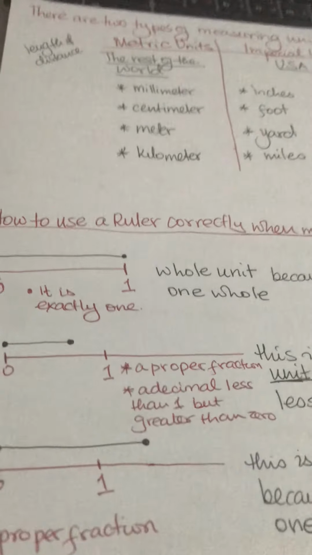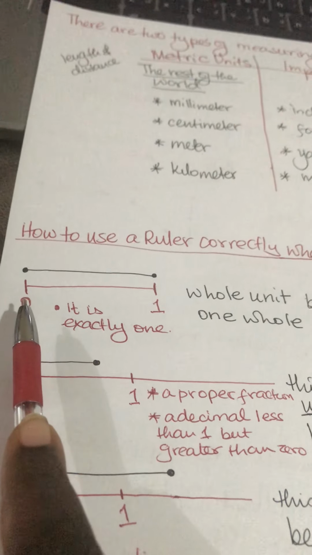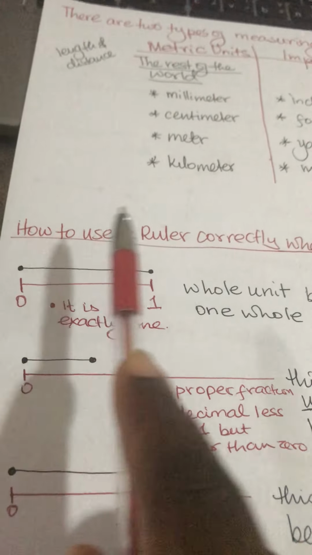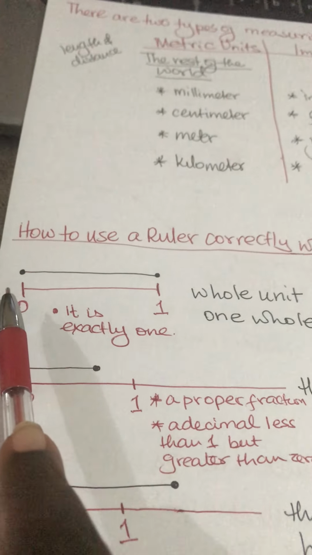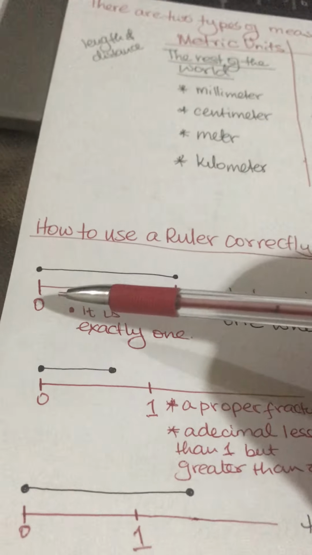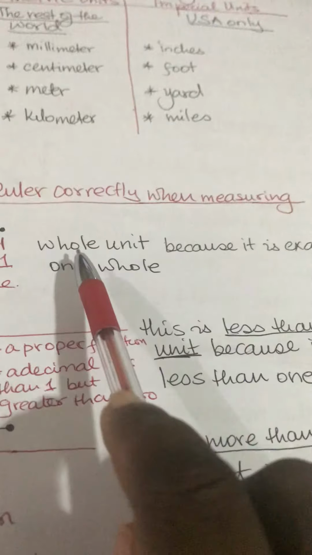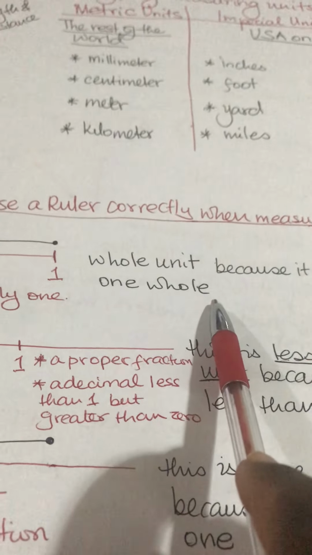Okay, now, when you're using a ruler, you must know that if your point is on 0 and on 1, I did not say before, I said on 0. It must be on 0 and it must be on 1. Then we call that a whole unit because it is exactly one whole.